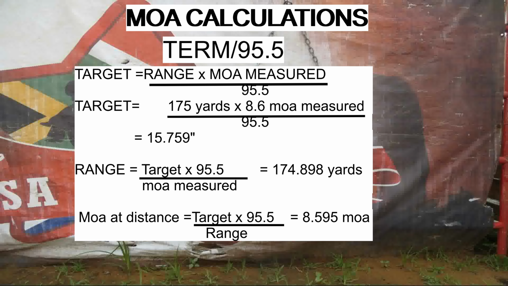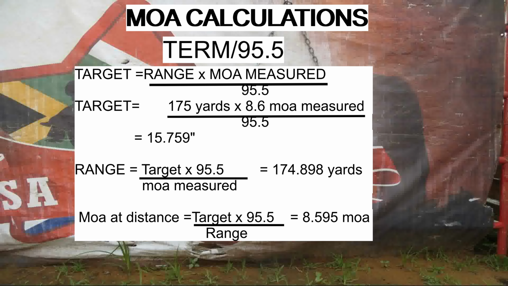For instance, if you're calculating the target size using 100, you're going to get something like 15.05 inches, and it should be 15.75. With 95.5, you'll get the exact size of that target.